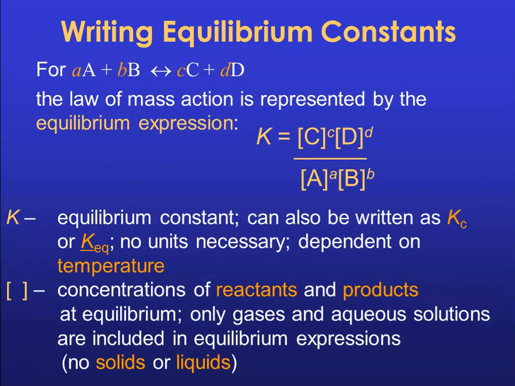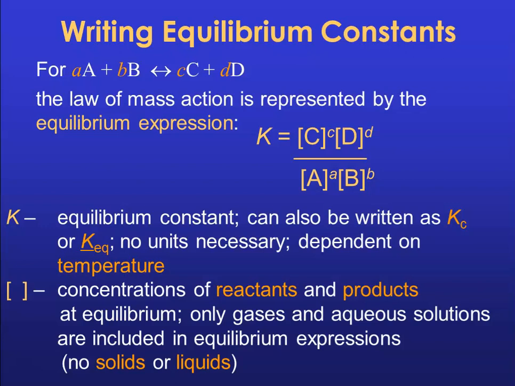So one thing you're probably really going to like about equilibrium is that when we write an equilibrium expression, you are going to use the stoichiometry of your equation to express how the reactants and products relate to one another. K is your equilibrium constant.